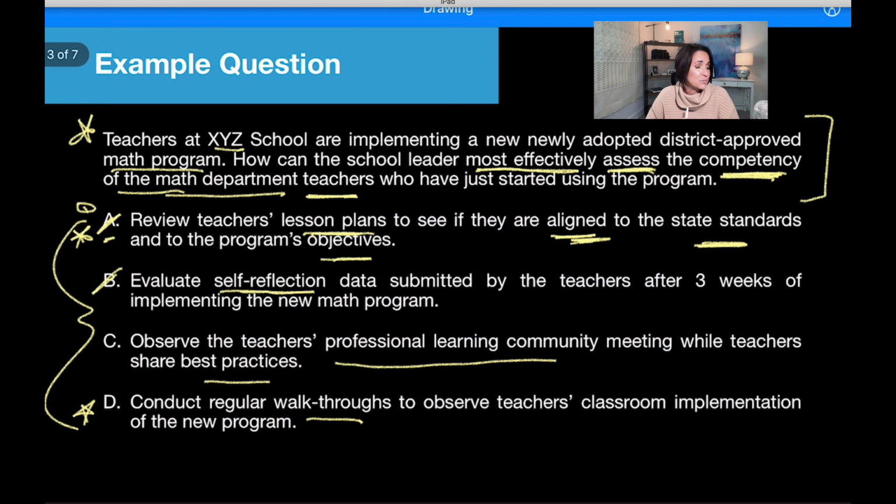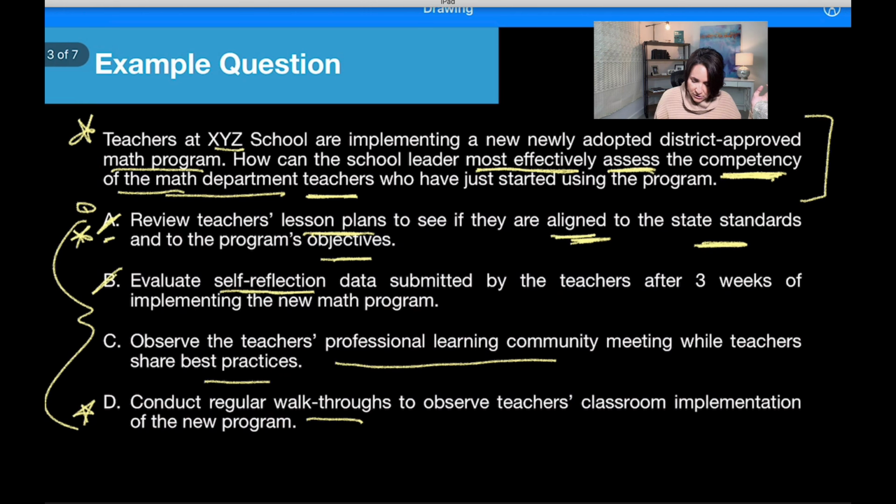Hey, I implemented this program, everybody loves it, everybody's doing great, when really maybe that's not happening. Or they might feel like they're a total failure and say, oh, I'm not doing very well implementing this program, while really the students are enjoying it and doing a good job. So self-reflection may not be the best bet here in terms of competency, okay? Self-reflection measures attitudes and how people feel. And it's still important, but this is a different type of question.